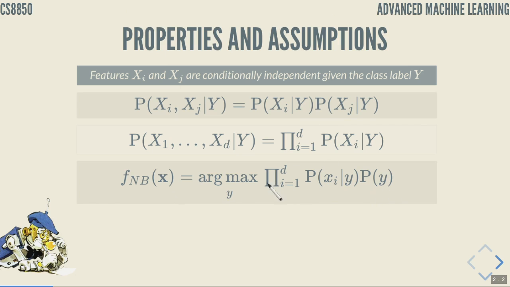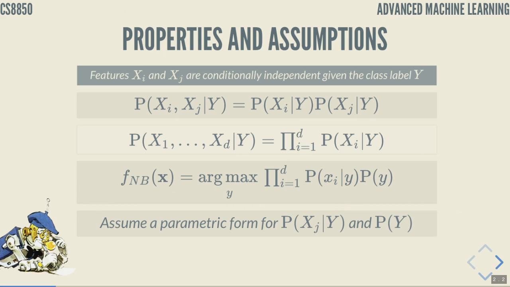Look through all of the y's and compute the posterior probability of this particular class given the data, and pick the y that gives the maximum for this value. That's how naive Bayes operates.